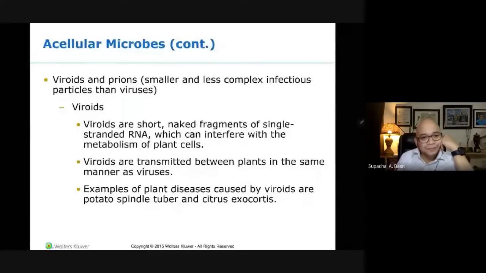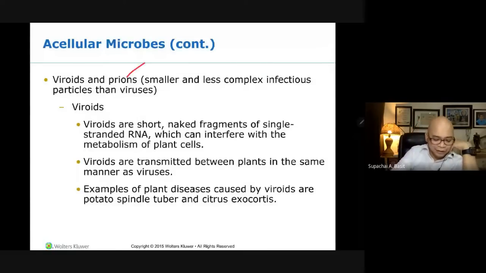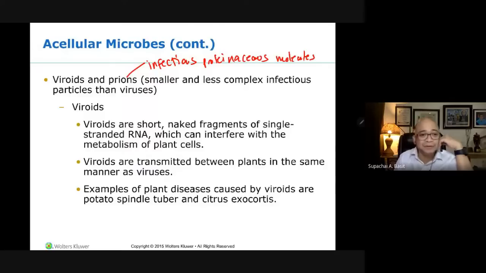So we also have the viroids and the prions. Okay, the viroids and the prions are smaller and less complex infectious particles than viruses. The prions are more appropriately termed infectious proteinaceous molecules. They cause mad cow disease, for example.